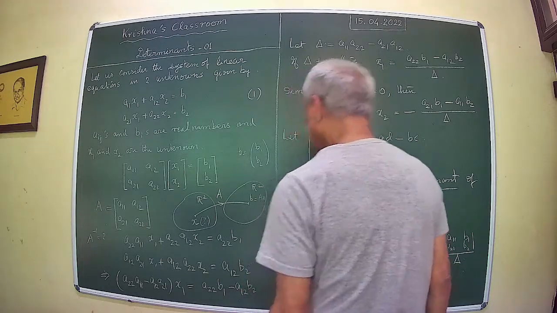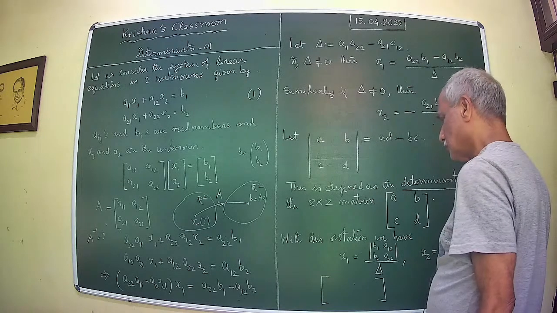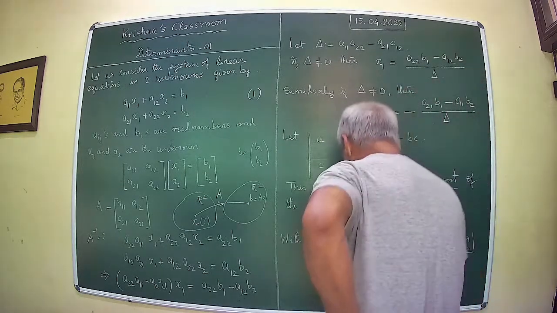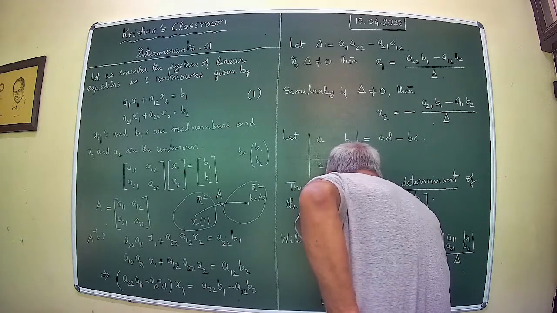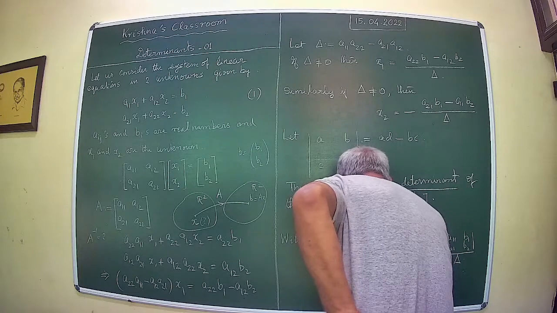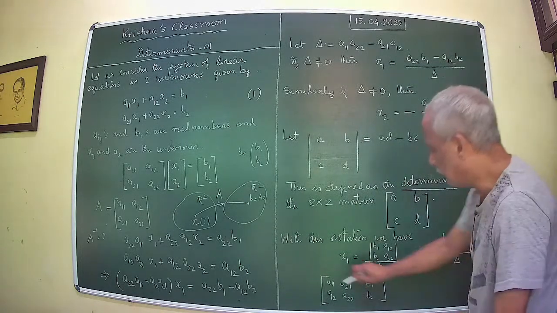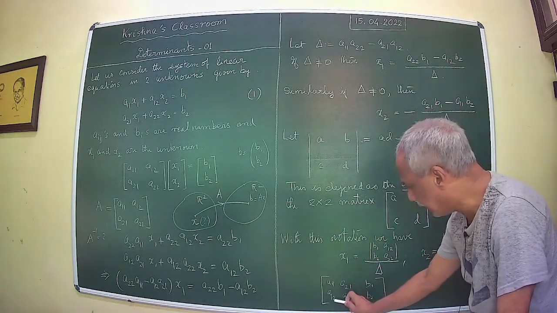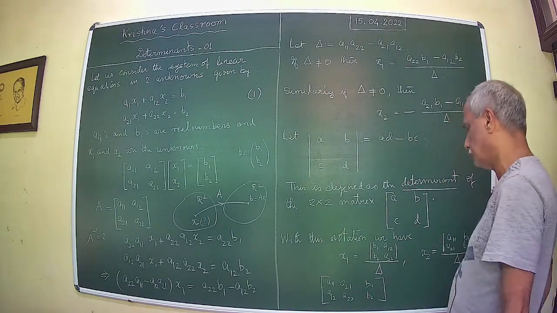That is what one does: looks at this 2 by 3 matrix, 2 rows and 3 columns, A11, A12, A21, A22, B1, B2. Consider this. Now you see A11 A22 minus A21 A12 is what is called delta.